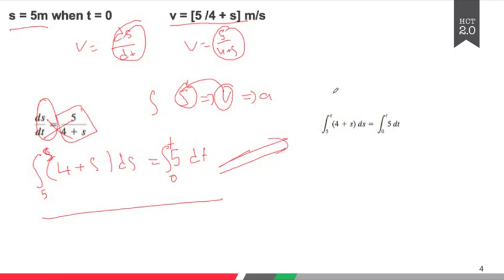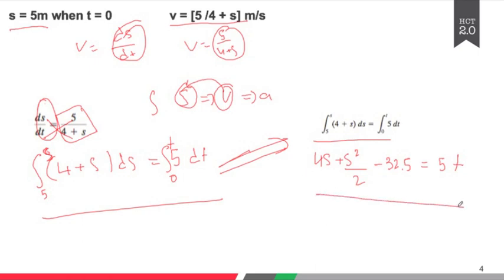So using the previous knowledge we obtained from the different calculus that we studied, we can integrate this equation to result in 4s plus s squared over 2 minus 32.5 equal to 5t.